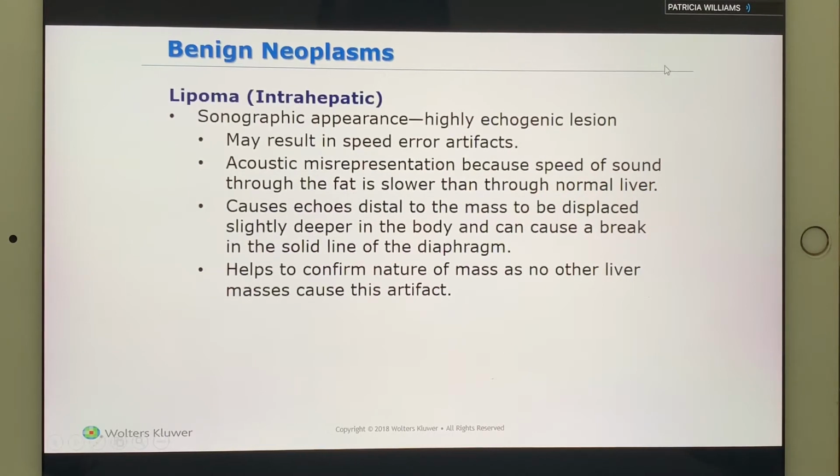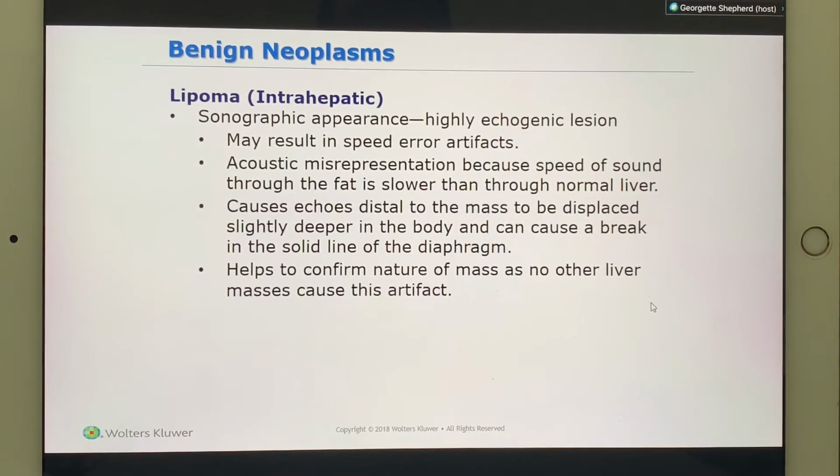So if we see a lipoma, it's going to be highly echogenic, so it's going to be hyperechoic. You will develop artifacts because of the speed error. Because of the speed error, it's going to look like it's deeper in the body than it is.